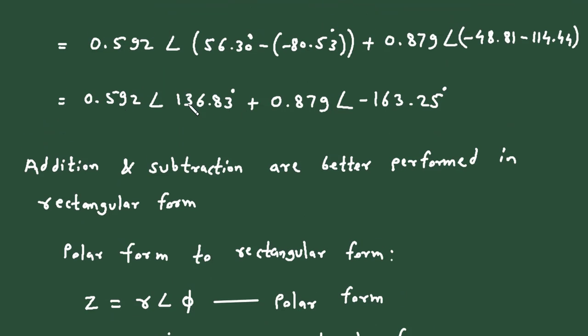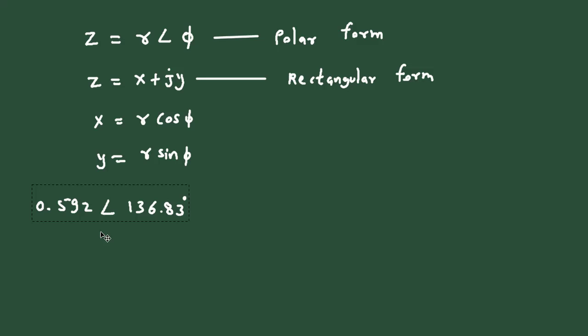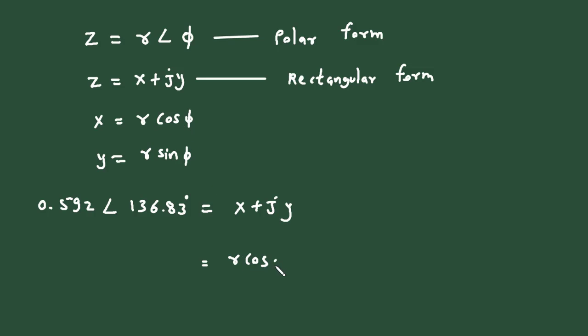So x plus jy is r cos phi plus j r sin phi. We can take r common, so r times cos phi plus j sin phi.